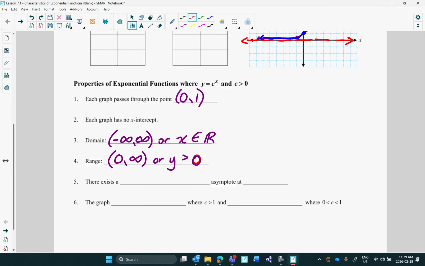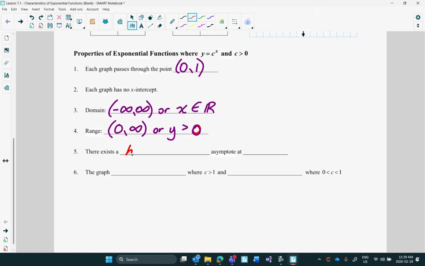So in this one, there exists a horizontal asymptote at the x-axis, which we also call y equals 0. Finally, what's the behavior of the graph?